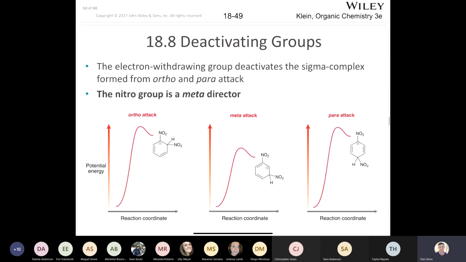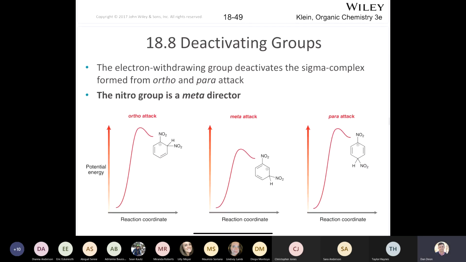Okay, so if you're the kind of person that needs a reaction coordinate diagram, we have again potential energy on our y-axis. Reaction coordinate just means the progress of the reaction over time, but you see that the activation energy for ortho and para is just much higher than that of the meta. None of them are low, right? If you think back to all of the reaction coordinate diagrams that we've looked at today, the first ones all involved activating groups, right?